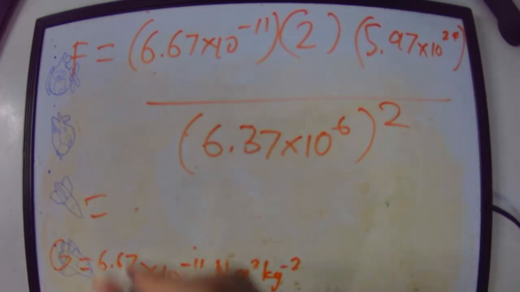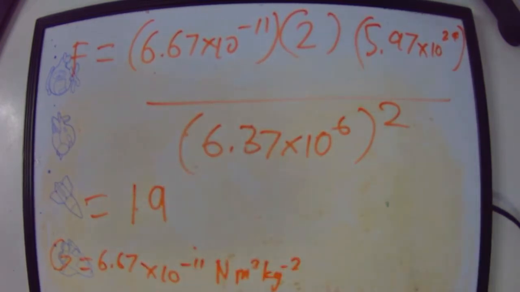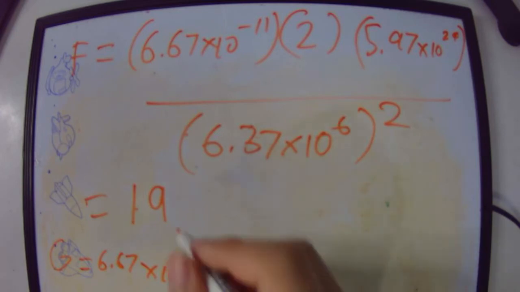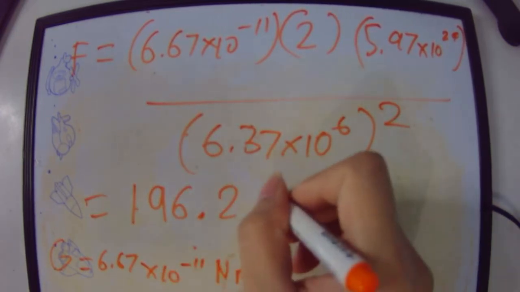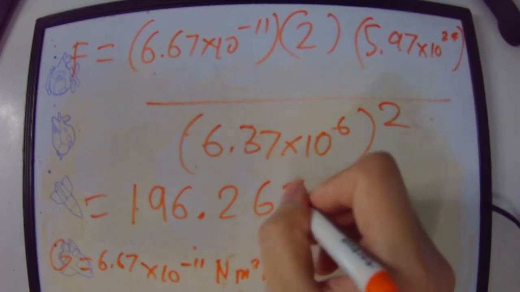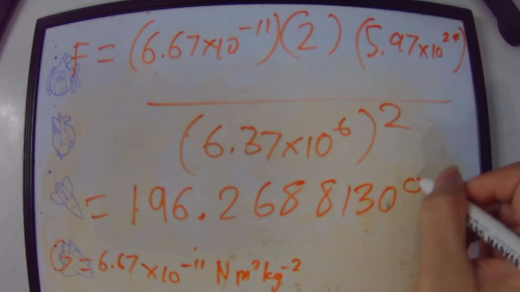Oh yeah, that is correct. 196.2688 1 3 0 4 4 blah, blah, blah.